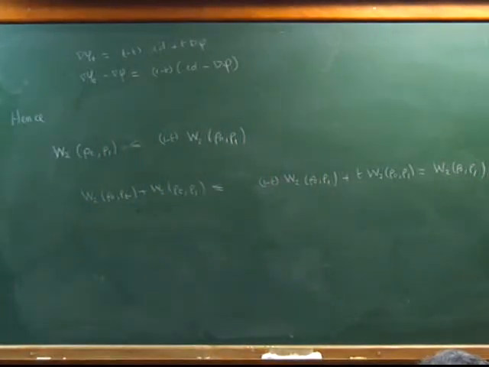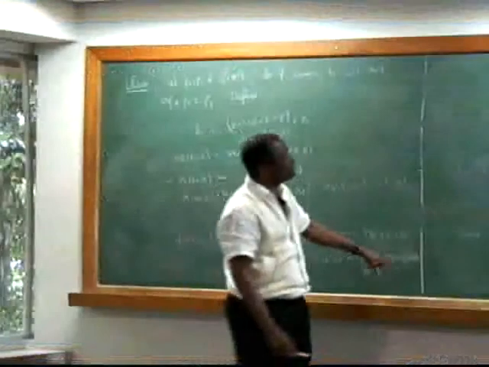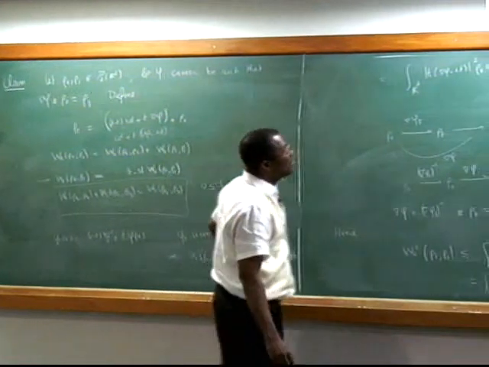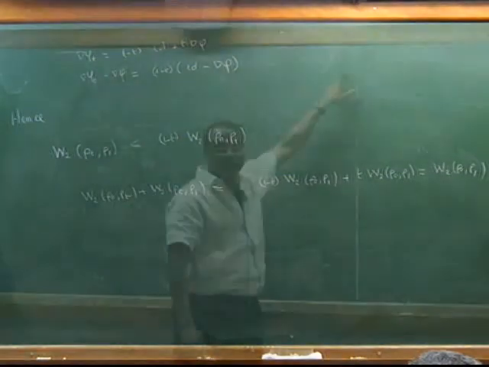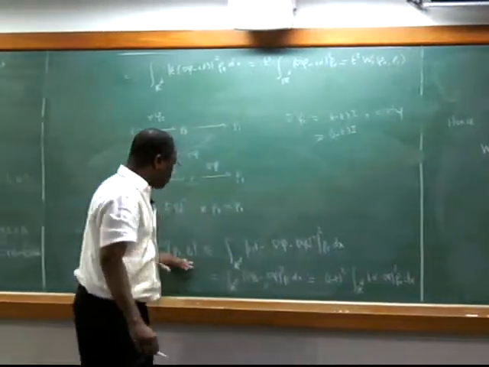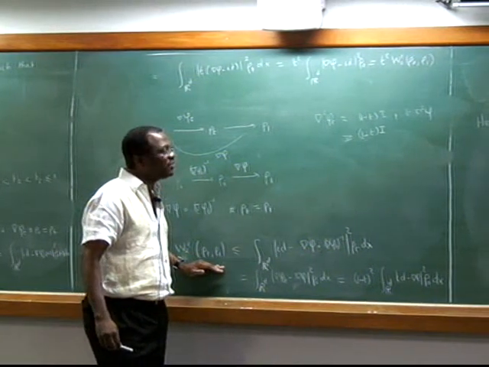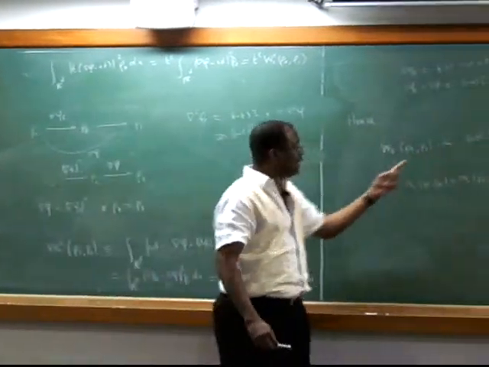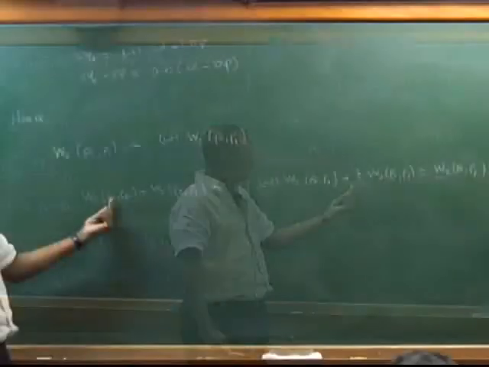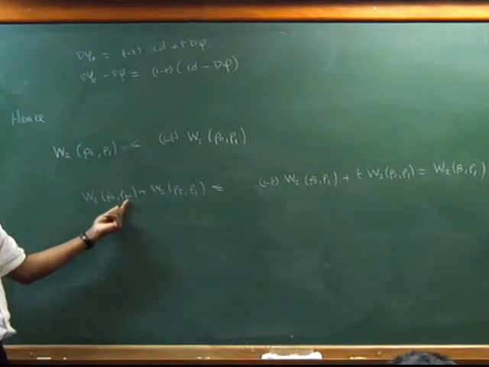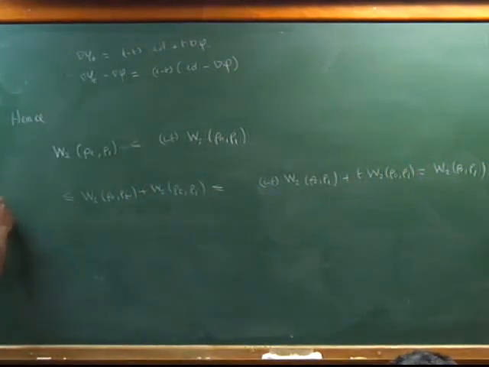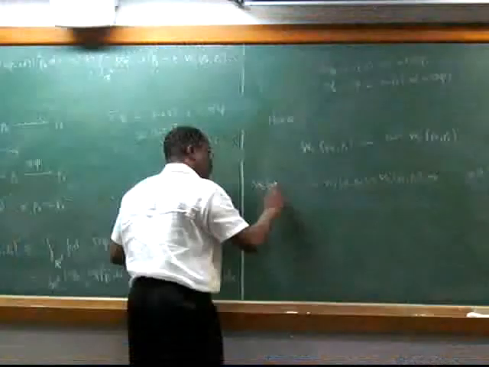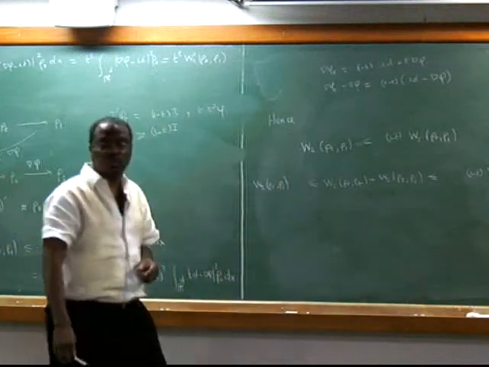Okay, so here first I have computed this distance explicitly and saw that it is t times the distance from rho naught to rho 1. I have obtained an upper bound on this distance, which is there. And I add on both sides the distance from rho naught to rho t to obtain that inequality. But the triangle inequality tells me that this is greater than or equal to the distance from rho naught to rho 1.